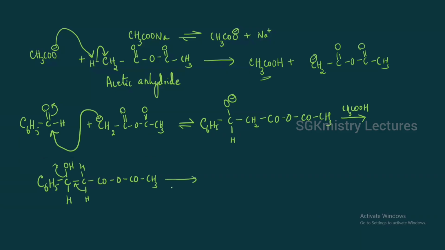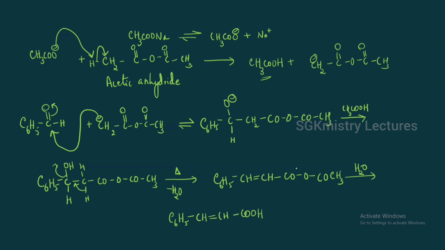So you can remove the water molecule on heating, right? So you're going to get C6H5, CH double bond CH, here CO, O, CO, CH3. Now this on hydrolysis, you're going to get the acid CH, CH, here COOH, this hydrolysis.